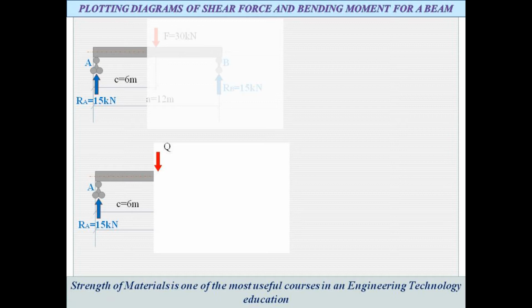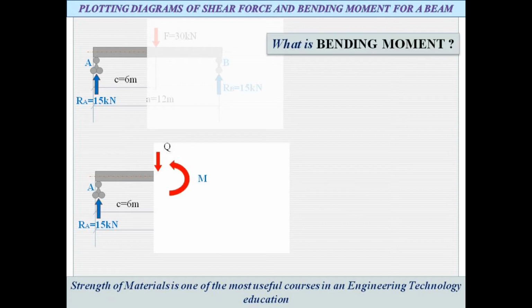Therefore, a downward force at the cut edge balances the support reaction RA. We call this shear force Q. The forces RA and Q are in balance, equal in value, opposite in sign.